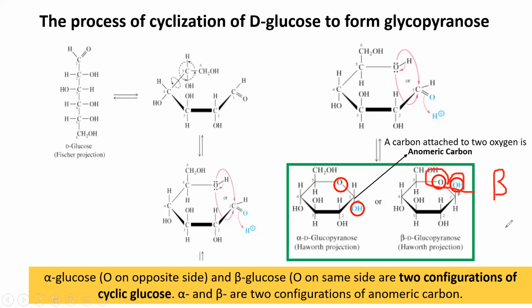So they're on the same side in the beta, but in the alpha one, they are on the opposite side. Do you have to remember this? Yes, you really have to remember this. That is why I'm emphasizing that there is alpha glucose and there is beta glucose. Both have an anomeric carbon. In alpha, the O's are on opposite sides. In beta, the O's are on the same side.